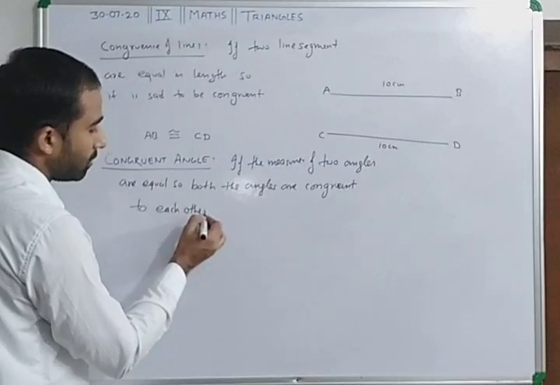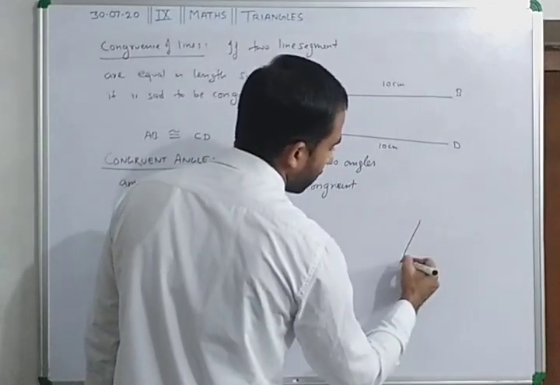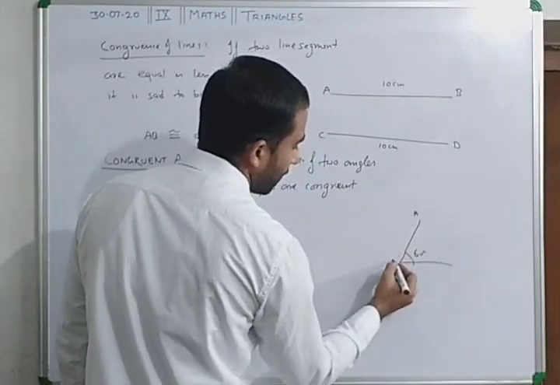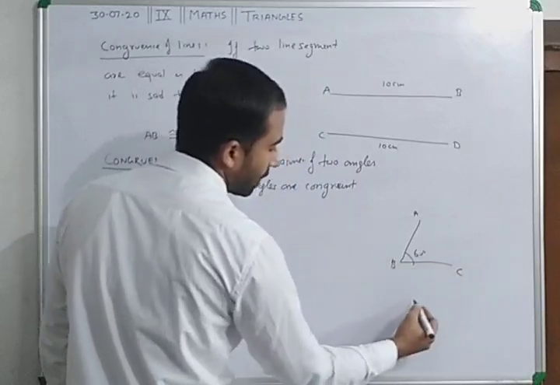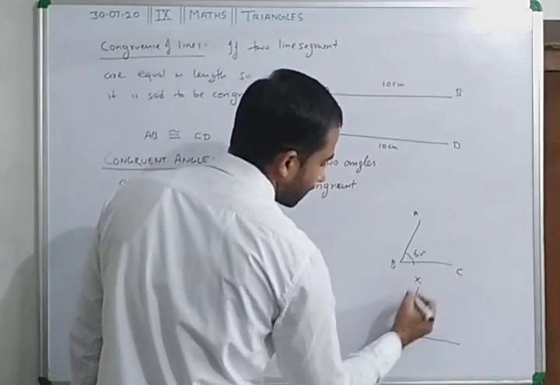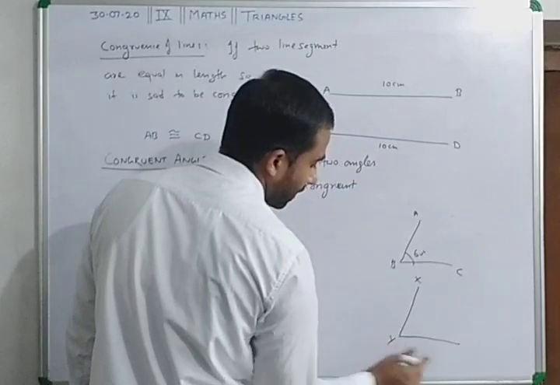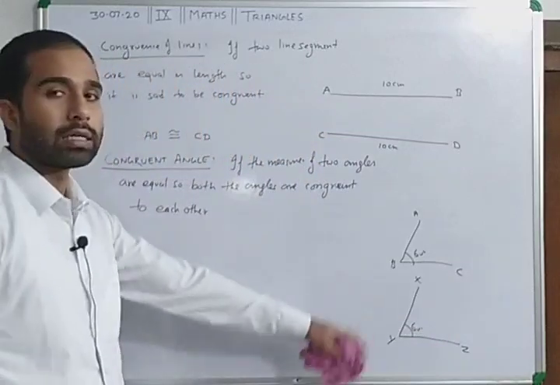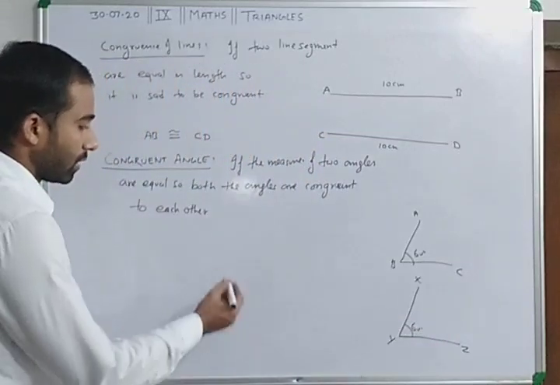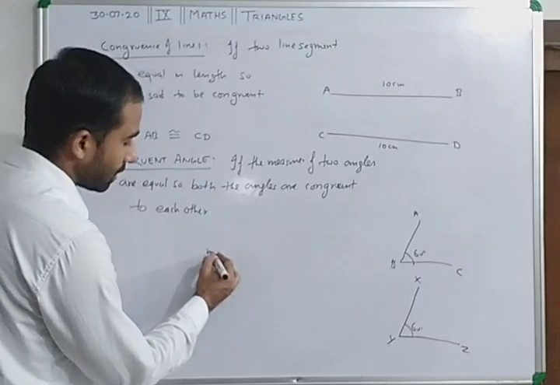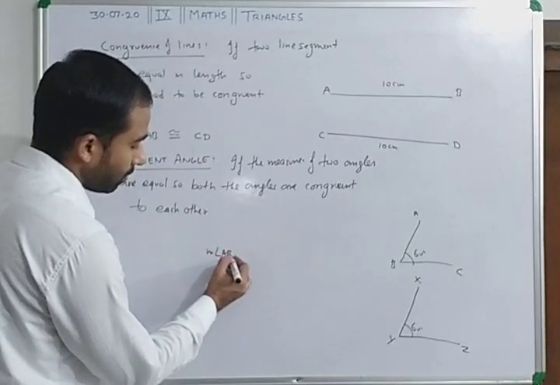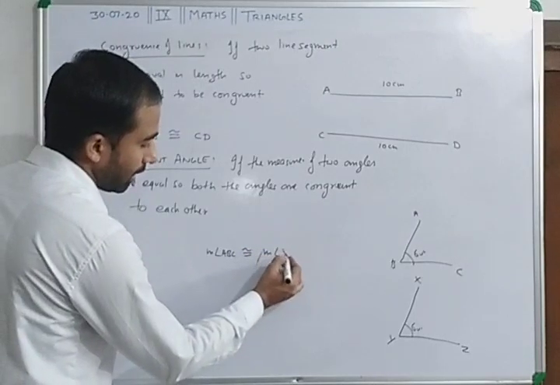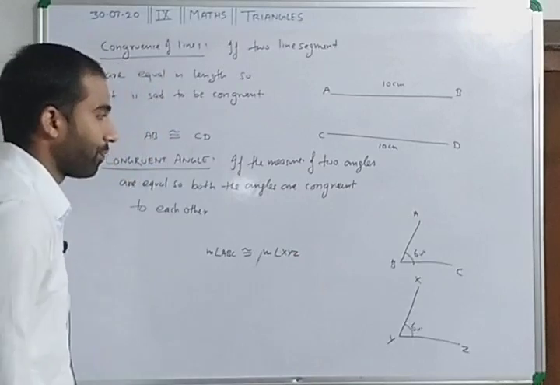It means, suppose we make this angle 60 degree, angle ABC, and another angle XYZ. The measure of this angle is also 60 degree. Now both the angles are congruent. How can we write? We can write measure of angle ABC is congruent to measure of angle XYZ. Okay.